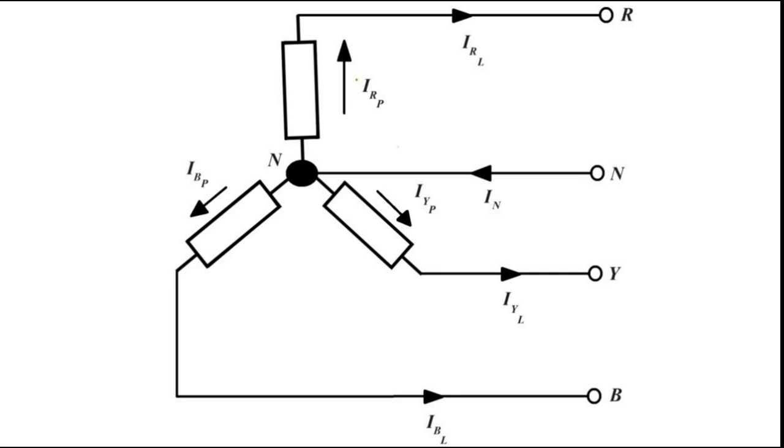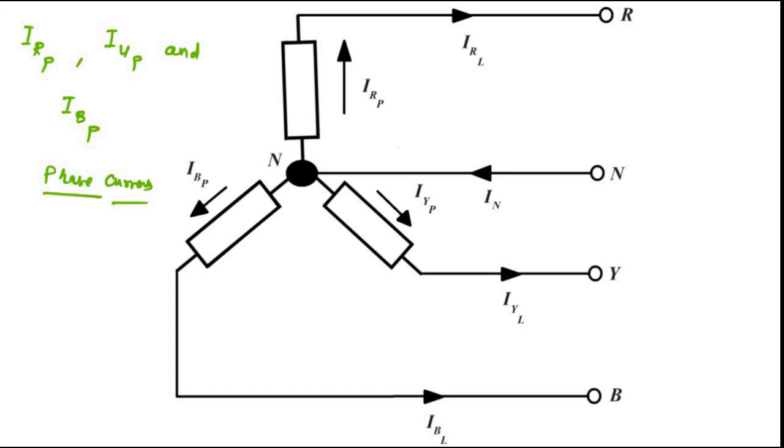Here, this is IR subscript P, this is IB subscript P, this is IY subscript P. These are the phase currents: IRP, IYP and IBP, the phase currents in the red, yellow and blue windings.